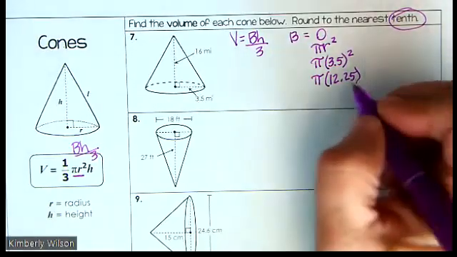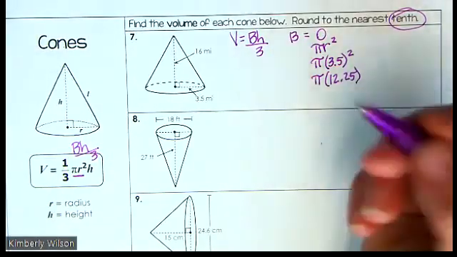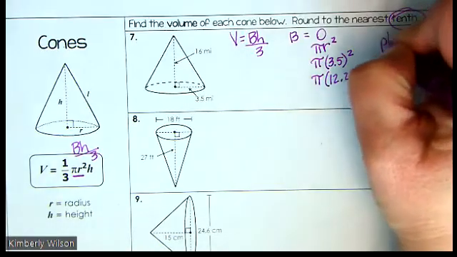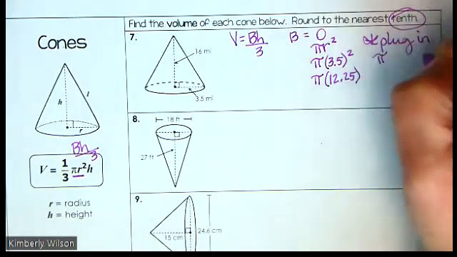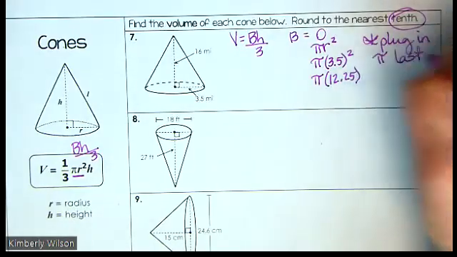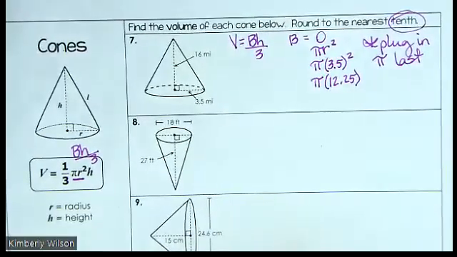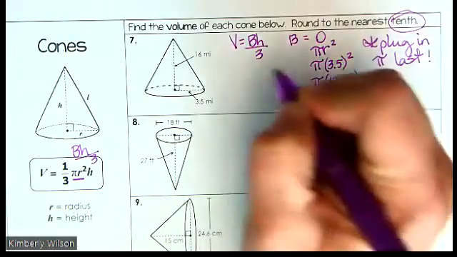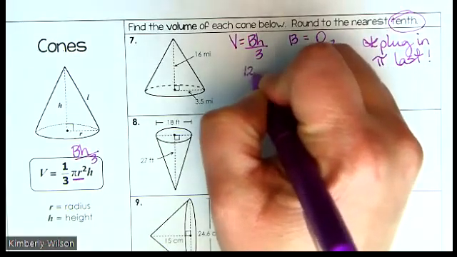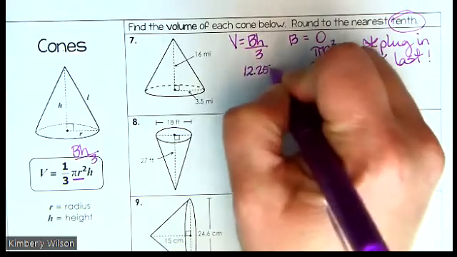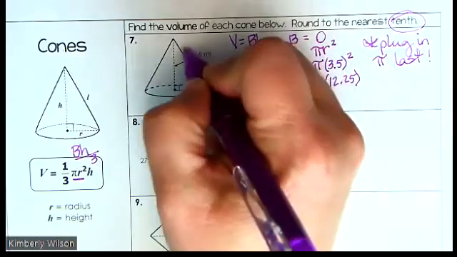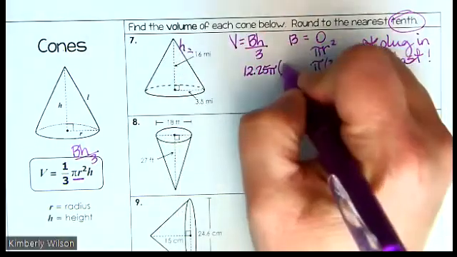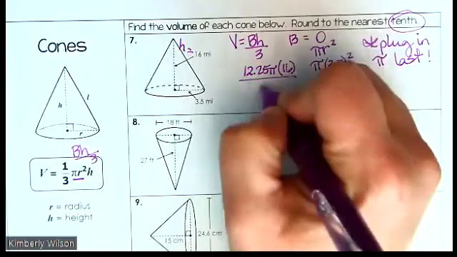Okay, so I'm not going to plug in pi until the end. Plug in pi last. So this means I'm going to have 12.25 pi times, this is the height of the cone, 16, all over 3.